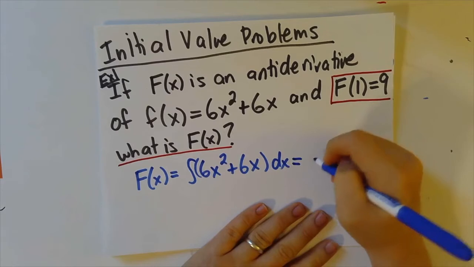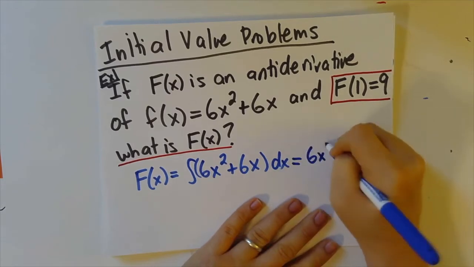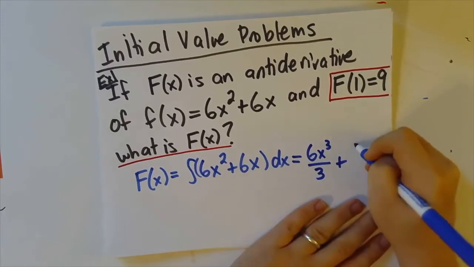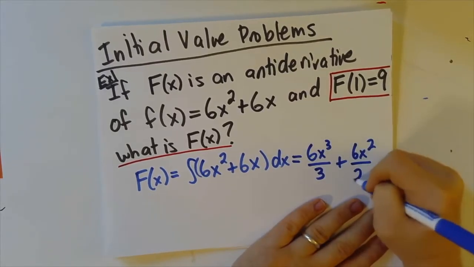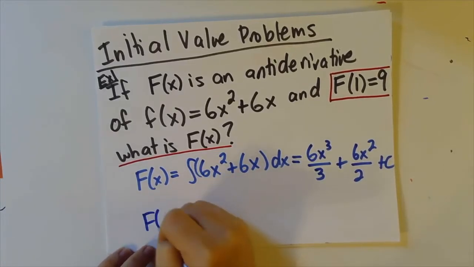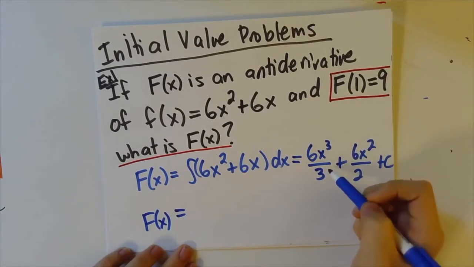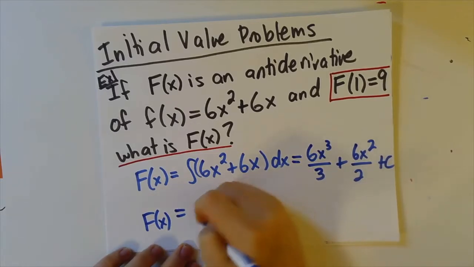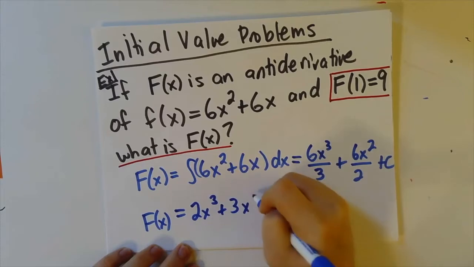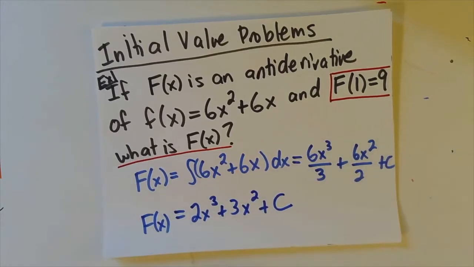So this is going to be 6x cubed over 3 plus 6x squared over 2 plus c. So F of x is equal to, and so that's going to be 2x cubed plus 3x squared plus c.